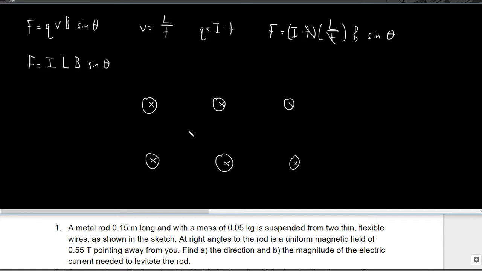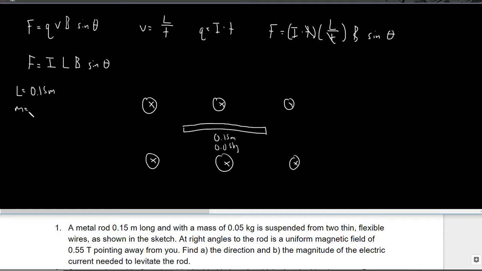Let's say that we've got our metal rod. It doesn't have to be perfectly straight. The rod here is 0.15 meters long, and it's going to have a mass of 0.05 kilograms. So length of the rod, 0.15 meters.